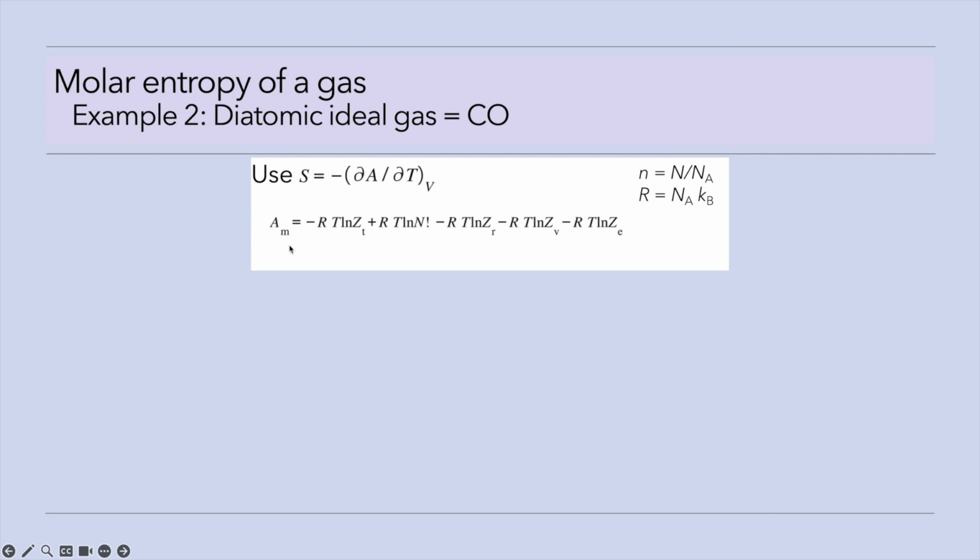Now let's express the Helmholtz energy in molar units. Again, we can use the relationship of moles to number of molecules and R to the Boltzmann constant. Go into the book, find that relationship for Helmholtz energy converted into molar units, and what we see is, oh wait, we've got to account for a couple of extra terms here.